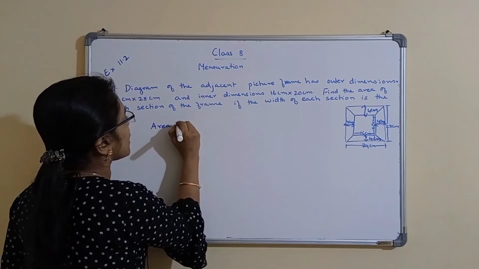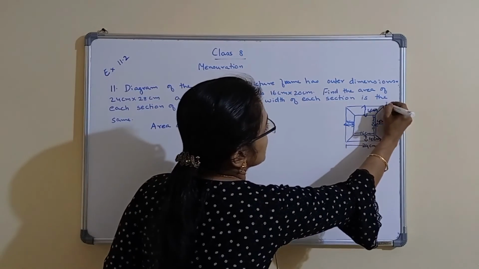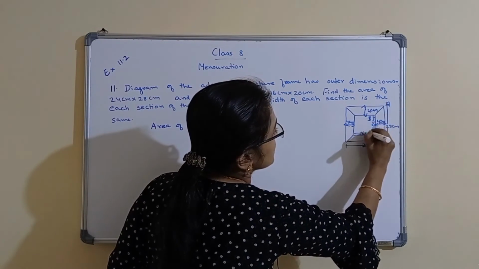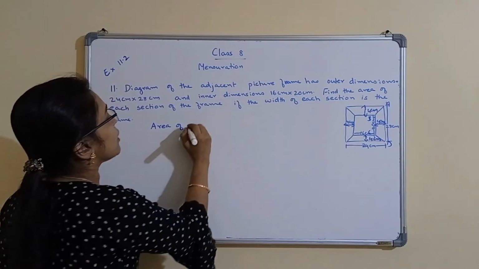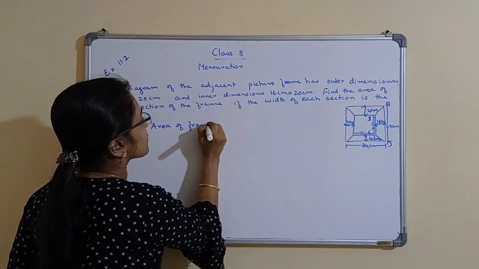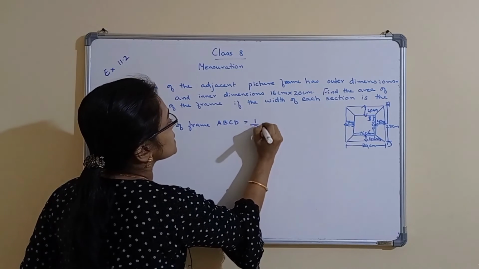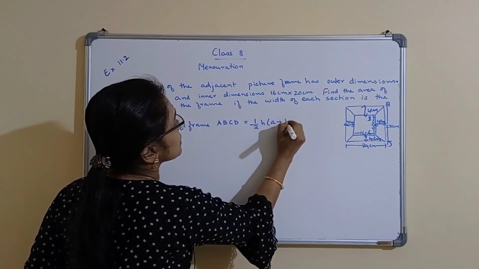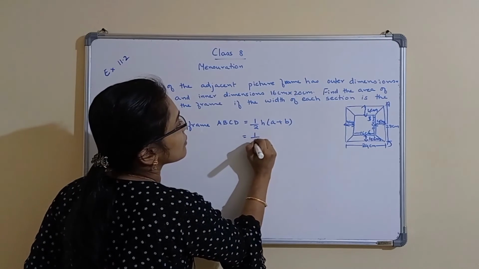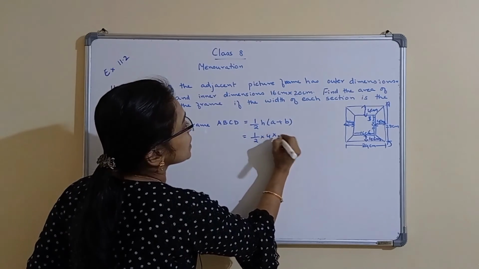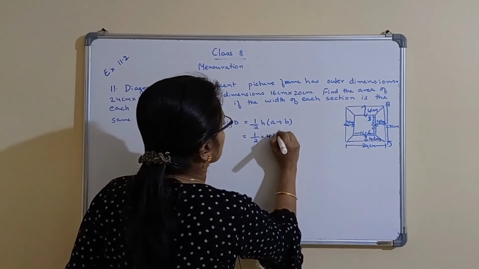Now area of this frame, let us name this as A, B, C, D. Area of frame ABCD is equal to half h into (A plus B), which is equal to half into 4 into (20 plus 28).